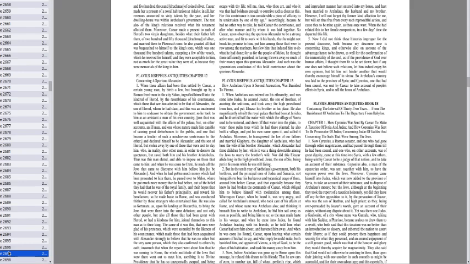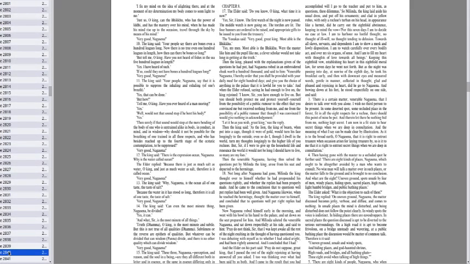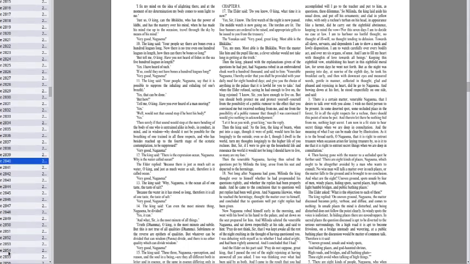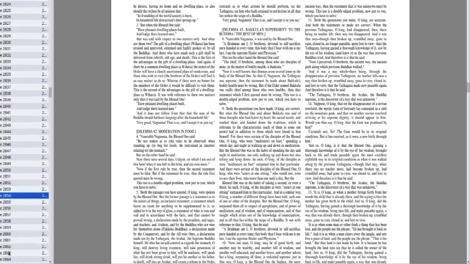Flavius Josephus, Antiquities, chapter 12. I'm going to go further on. Okay, this looks like it's Buddhism. Dilemma 43. Bakula's superiority to the Buddha, the best of men. Okay, so it covers Buddhism.